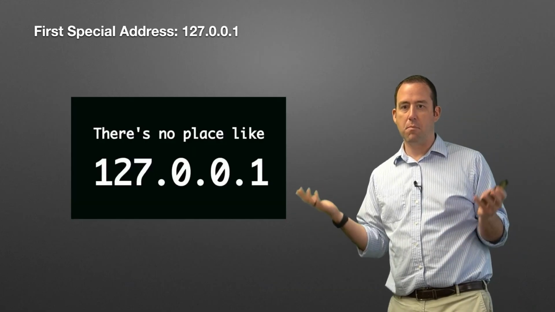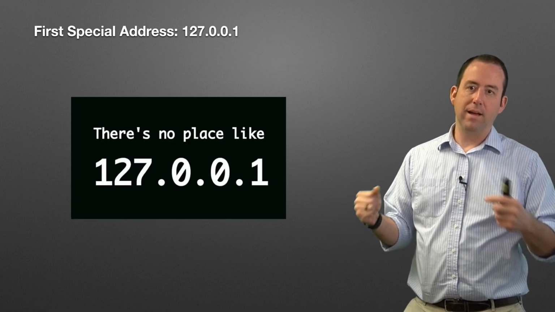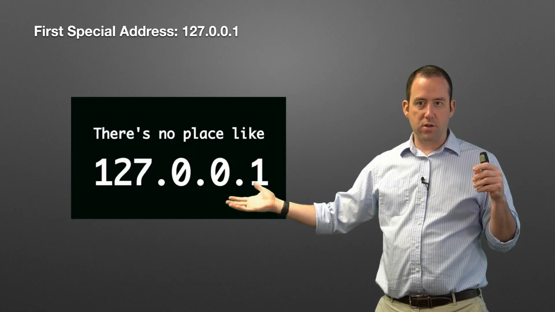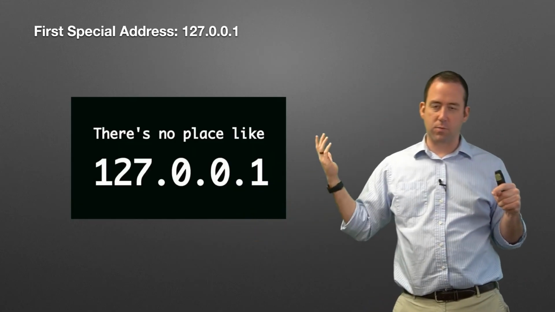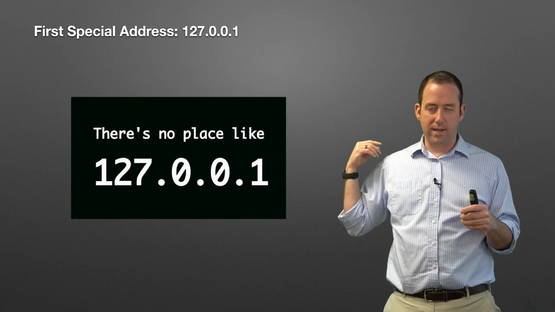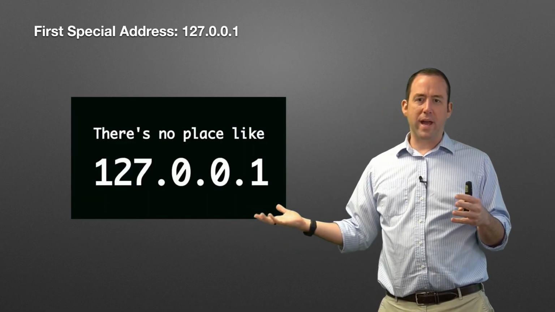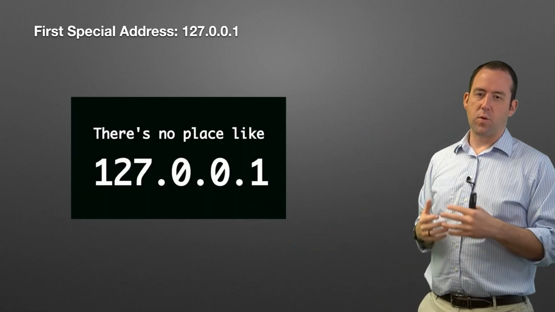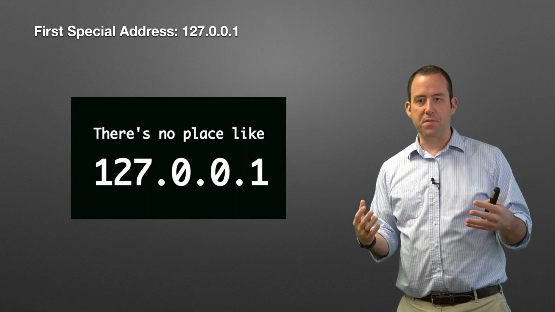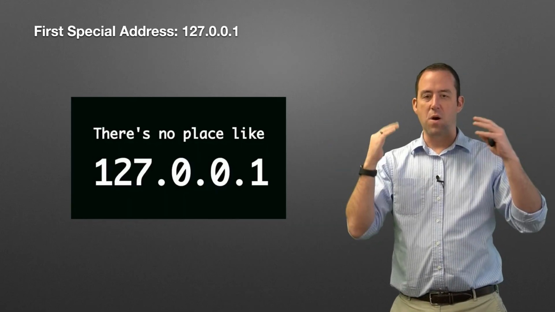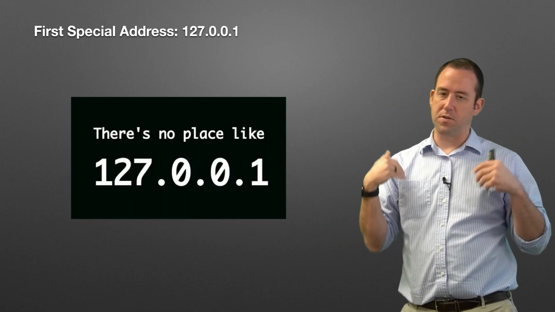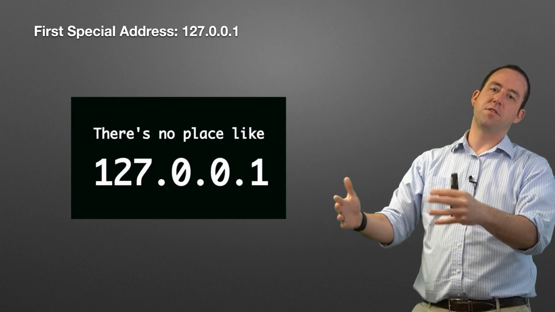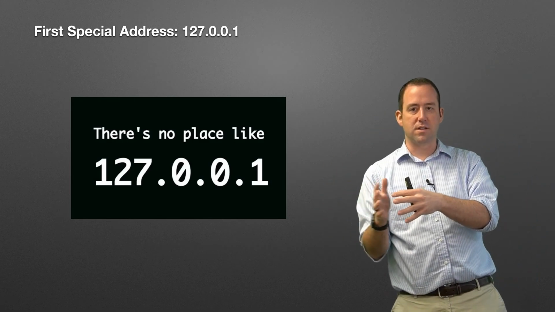Now, what does that mean, loopback? Well, this is a picture you might have seen somewhere. There's no place like 127.0.0.1. Loopback is a way to refer to yourself. It's a way that your machine can give itself an IP address to talk to itself, and only for your machine to talk to itself. Your machine cannot send to other things on 127.0.0.1.